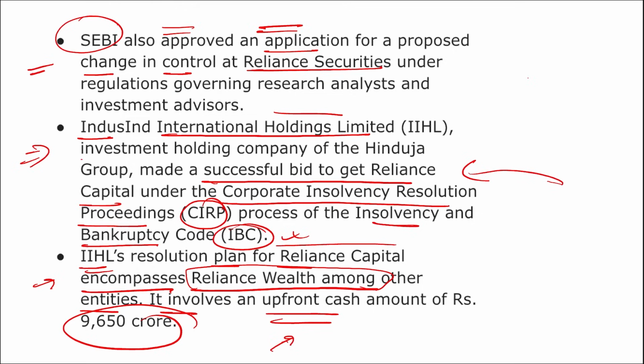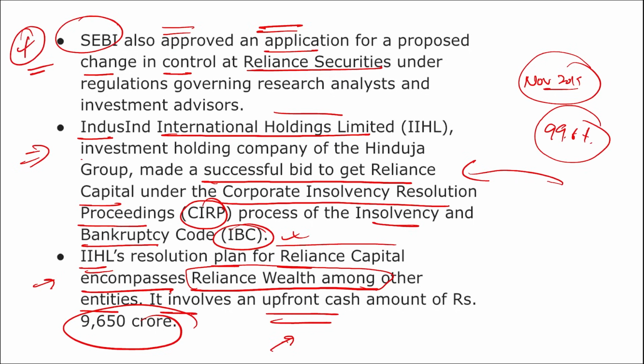The CIRP process against Reliance Capital was initiated in November 2019. And IIHL's bid received 99.6% majority support from the creditors.